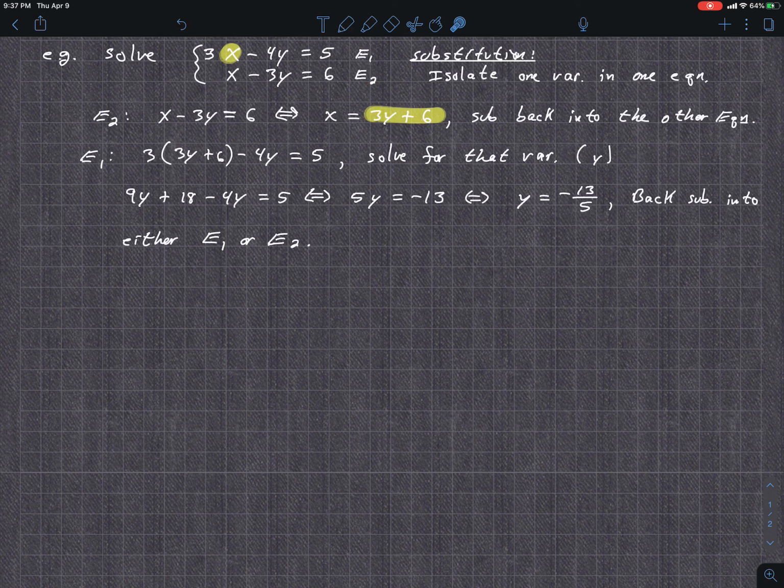So we take this negative 13 fifths and substitute back into either equation 1 or equation 2, and then solve for x. I always pick the simplest one, which looks like equation 2. So you get x minus 3 times y, which is negative 13 fifths, equal to 6.